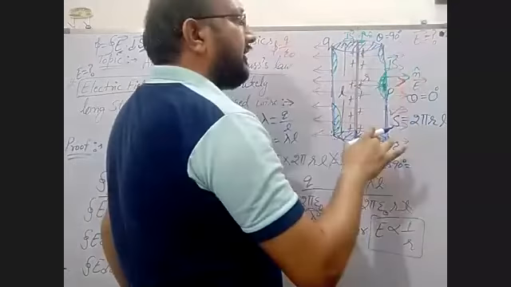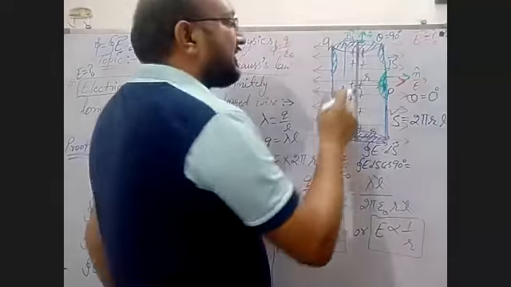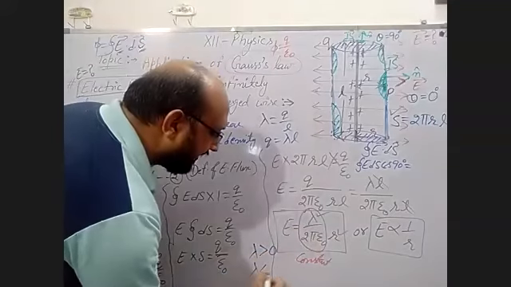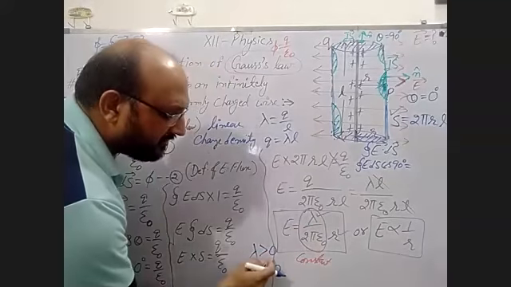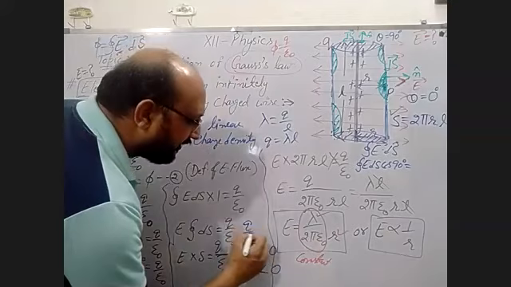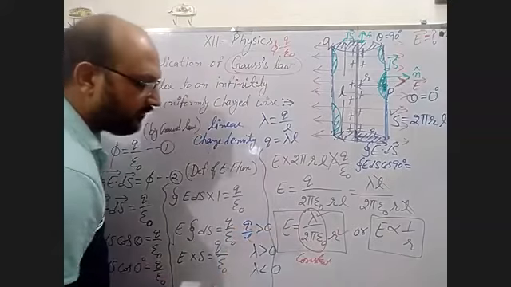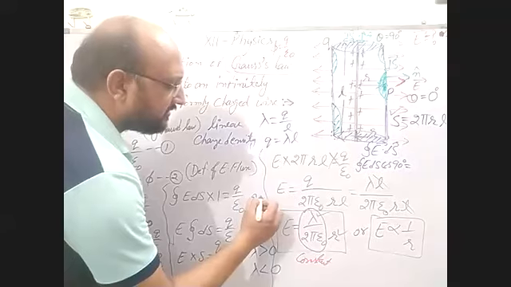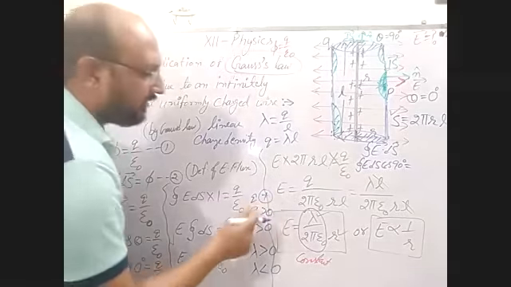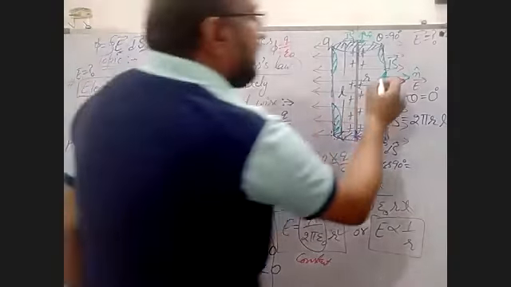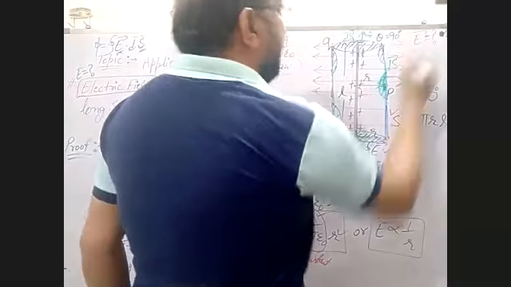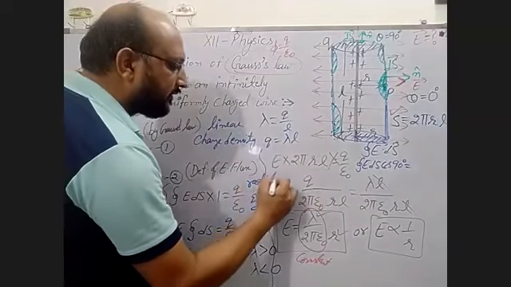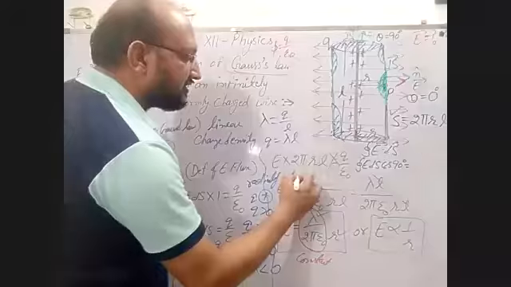In this situation, there is no electric field because the electric field is radially outward from this wire or inward. And this is also the condition taken by lambda greater than 0 or less than 0. If lambda is greater than 0, means Q by L is greater than 0, means Q is positive. If Q is positive, then all the electric field lines are radially outward in this situation.